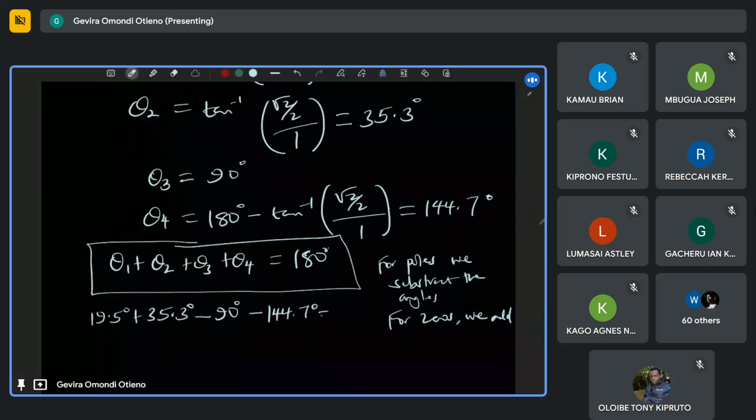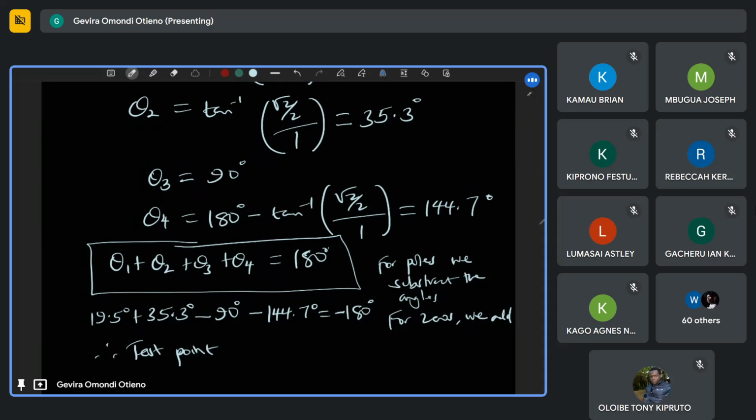So if you subtract all these angles, because this is negative already and this is negative, the answer is going to be about negative 180 degrees, which meets the angle condition, because the angle can be negative or positive as long as it's 180 degrees or an odd multiple of 180 degrees.